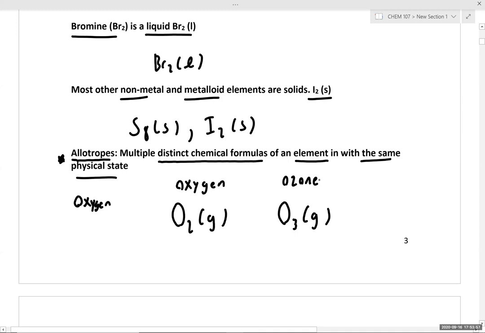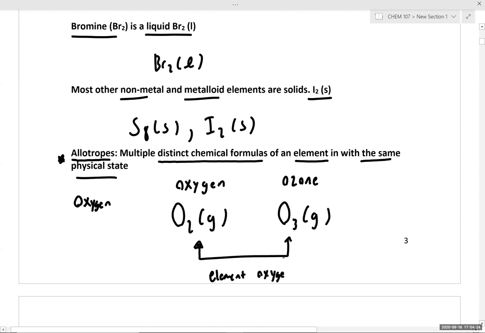And you certainly can't breathe ozone. It's quite a reactive molecule. And you can commonly notice the presence of ozone via this almost musty smell during a thunderstorm. So as we notice, both of these species represent the element of oxygen.